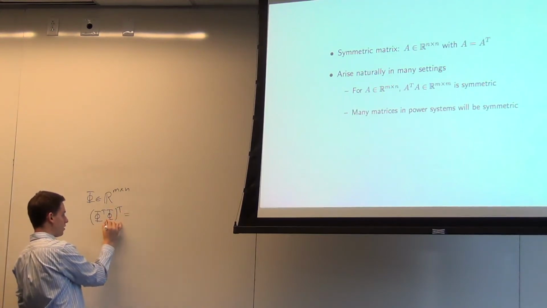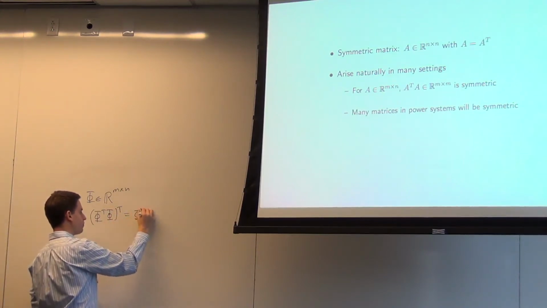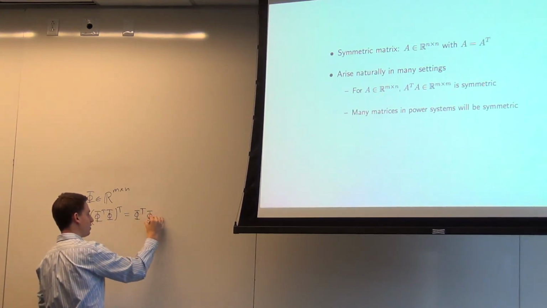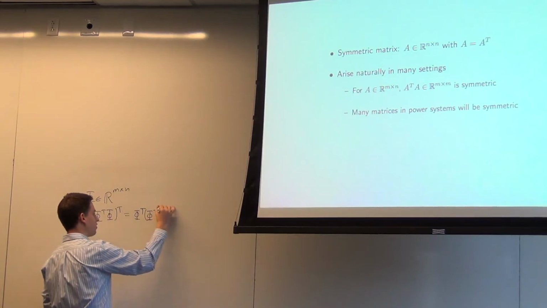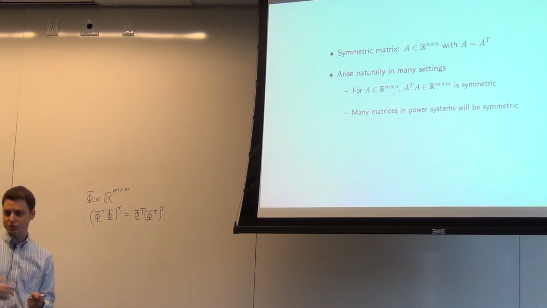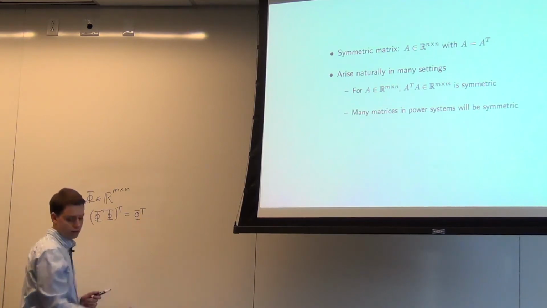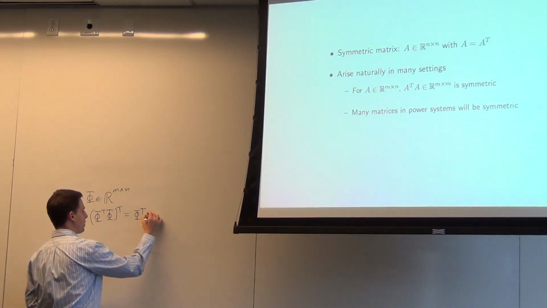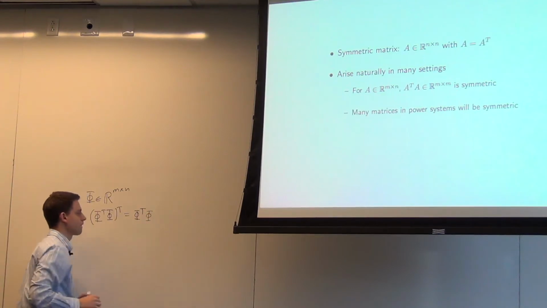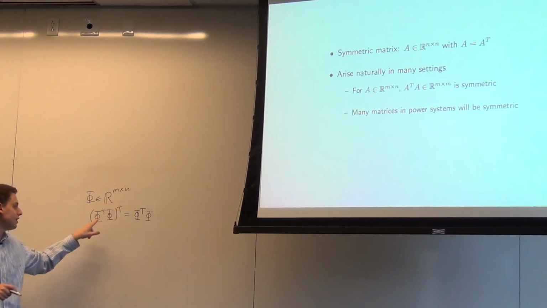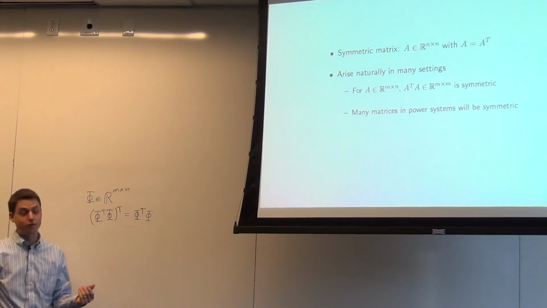So this is equal to this guy transposed, phi transpose, times this guy transposed, which is phi transpose transpose. And hopefully it's obvious that phi transpose transpose is just phi. So that's equal to phi transpose phi. That's true for, of course, I'm writing there just for any A in R m by n, A transpose A is a symmetric matrix.